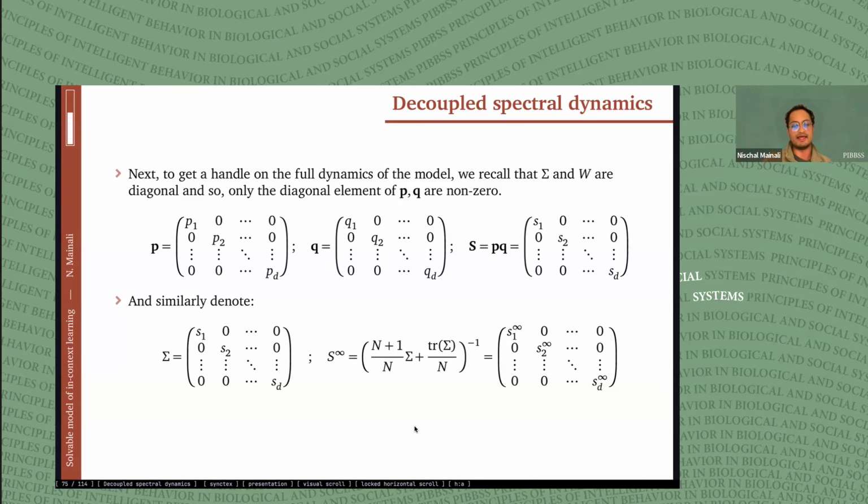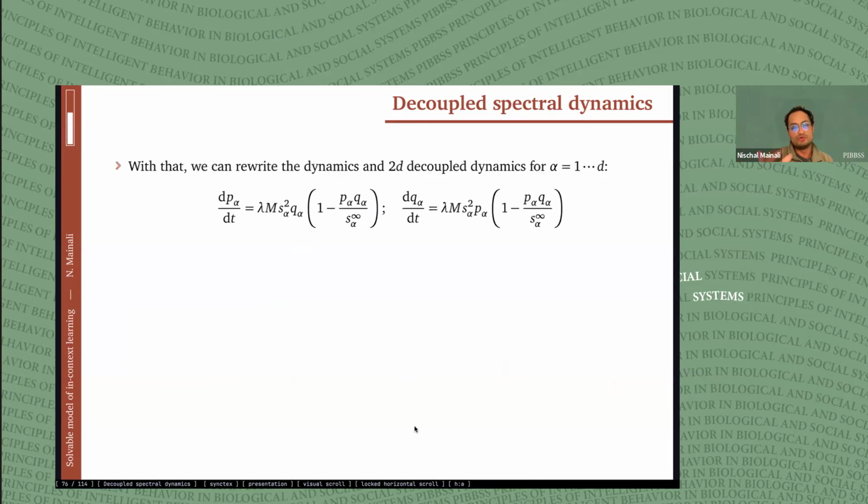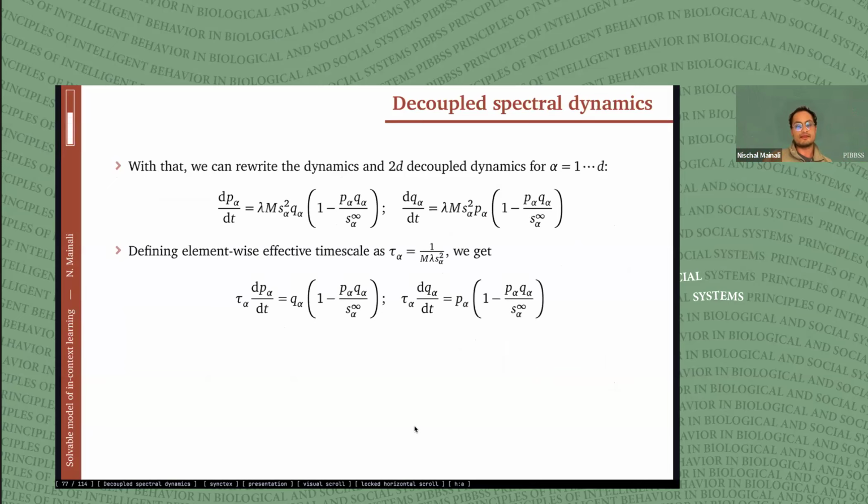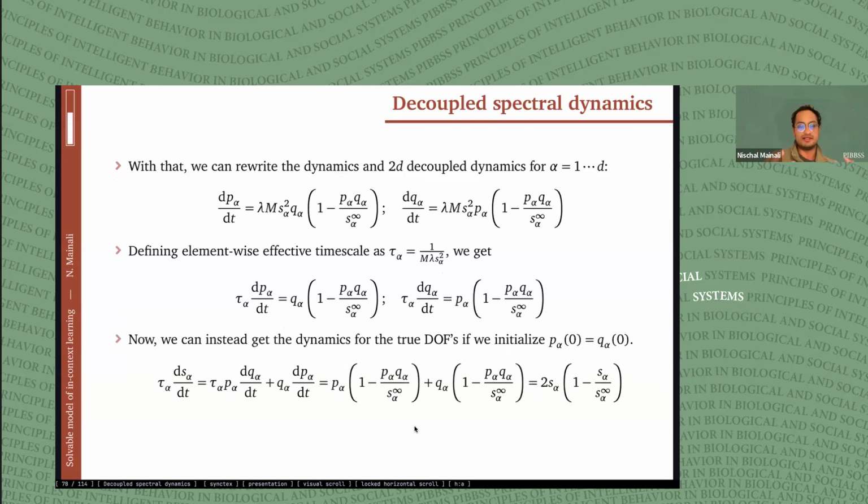So we get this 2D dynamics, for P and Q for each element. So these are one-dimensional differential equations. And in fact, what we've shown before is that what matters is their product, S alpha. So we can use this differential equation to write the dynamics for the product S. And from here we also see that we get an effective time constant, which is different for each value in the diagonal.